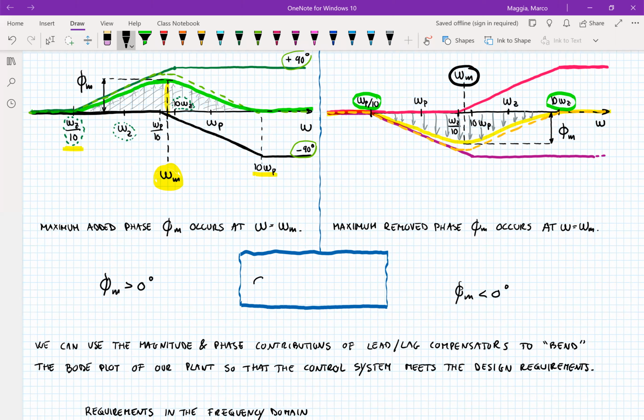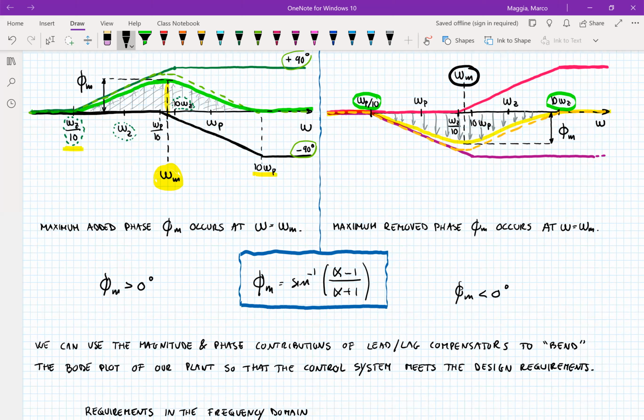And you can find that this value is exactly arc sine, or sine to the minus 1, of alpha minus 1 over alpha plus 1. So obviously, if alpha is greater than 1, then you're going to get something positive.